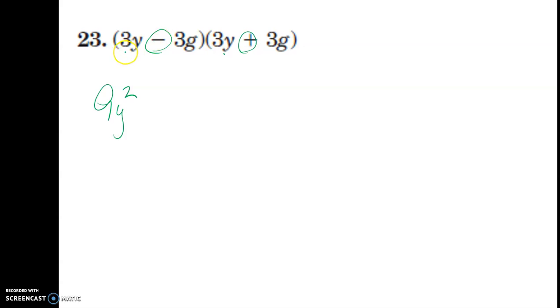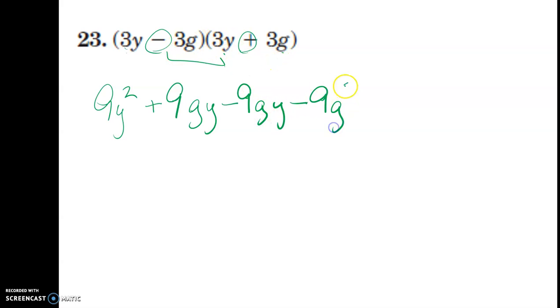Outer two terms, 3y times 3g is a positive 9gy. Inner two terms, negative 9gy. Last two terms are negative 9g squared. This is using some of our old ideas back from previous lessons.